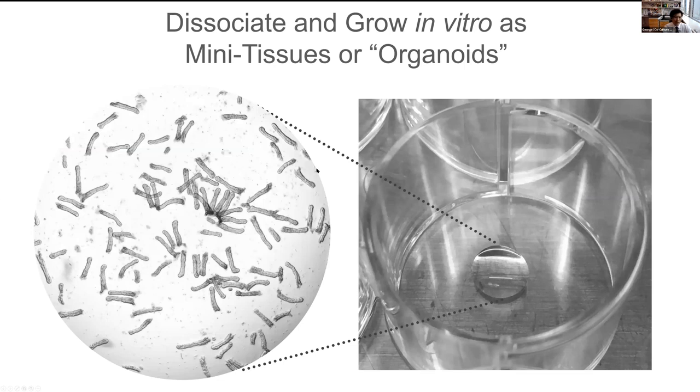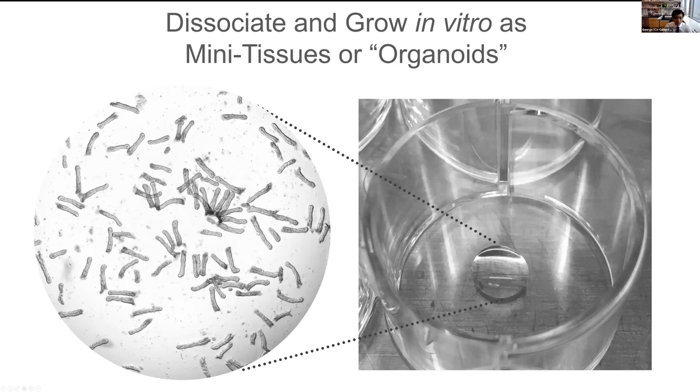One very convenient aspect of the intestine is that we are able to dissociate the crypts and grow them outside the body of the animal or of a person as mini tissues or organoids. On the left, you can see an image of a freshly isolated set of crypts that were liberated from the underlying tissue. Then we have to embed those crypts into a hydrogel, which is a jello-like material.